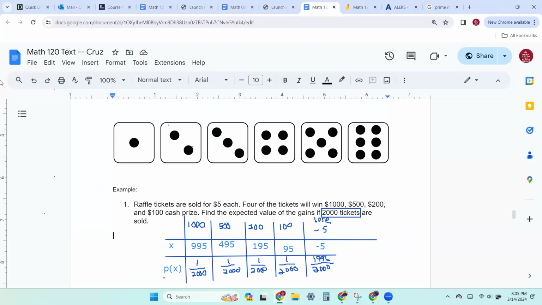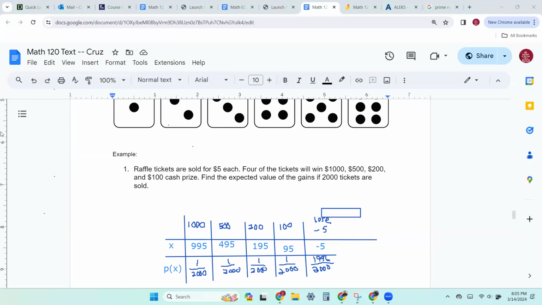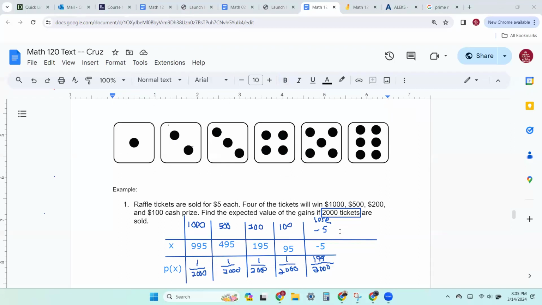All right. So what I've got to do is multiply down. This is my X times P of X. So I'm going to multiply down.